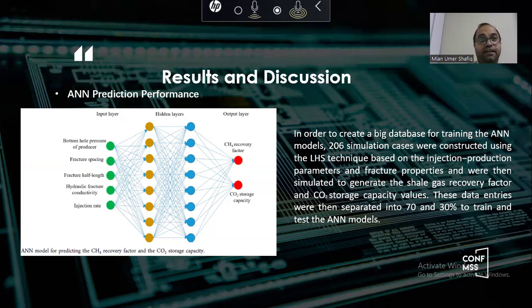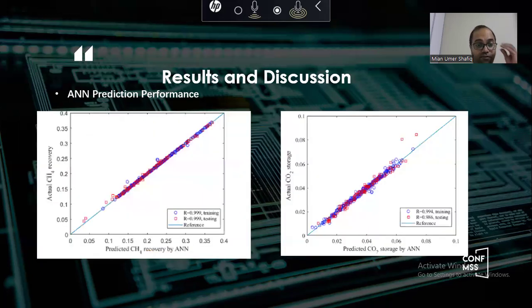If you see the next two figures, these two figures show that the R value of both the training set and the testing set for predicting shale gas recovery are 0.9999, indicating a very strong correlation.